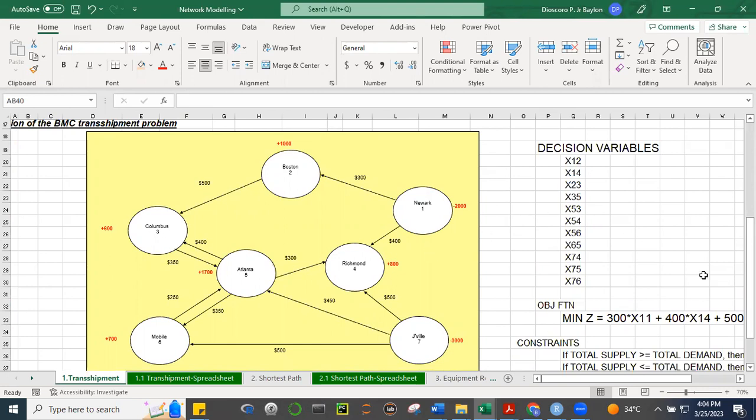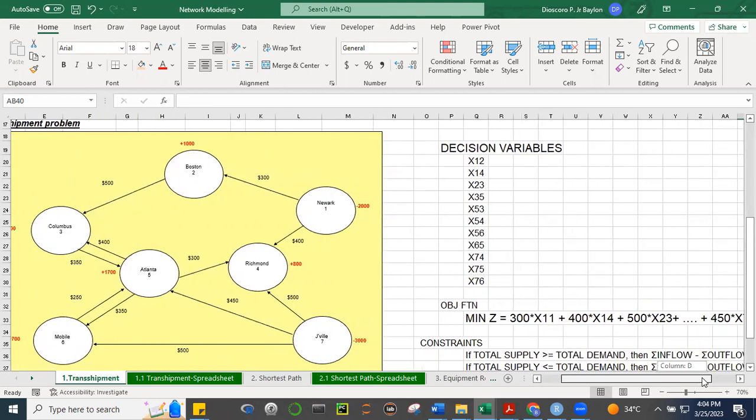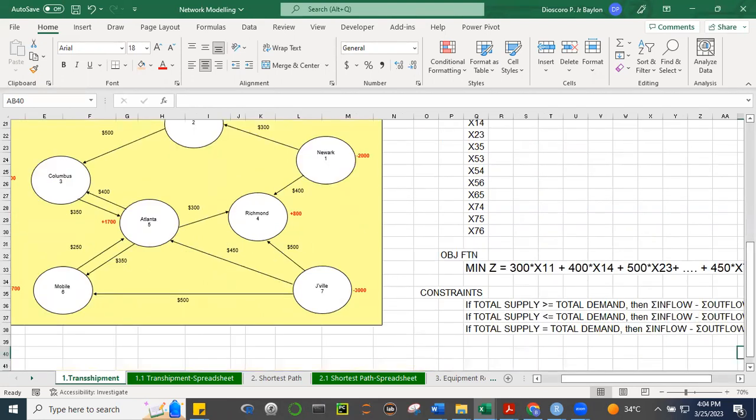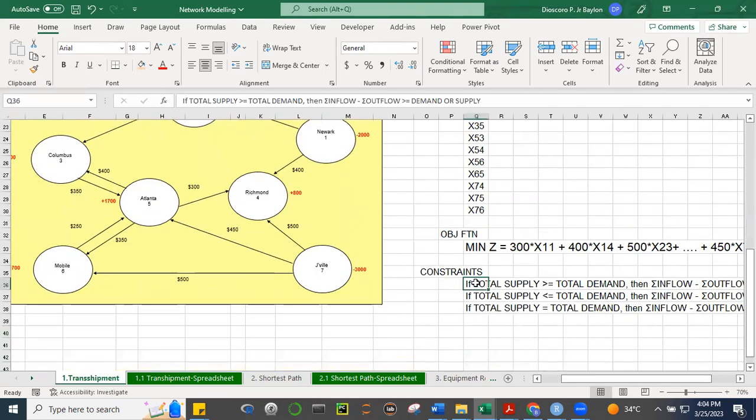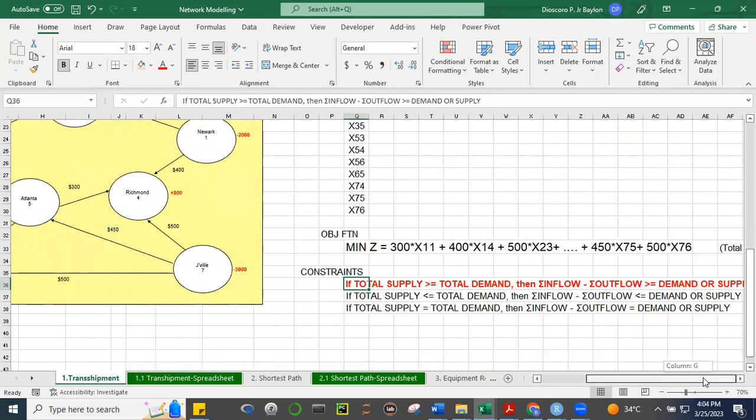So for node number 1, since the total supply is 5,000 and the total demand is 4,800, condition number 1 applies, right? So this will be the rule that we're going to follow. Since total supply is greater than total demand, then summation of inflow minus summation of outflow will be greater than or equal to the demand or supply.